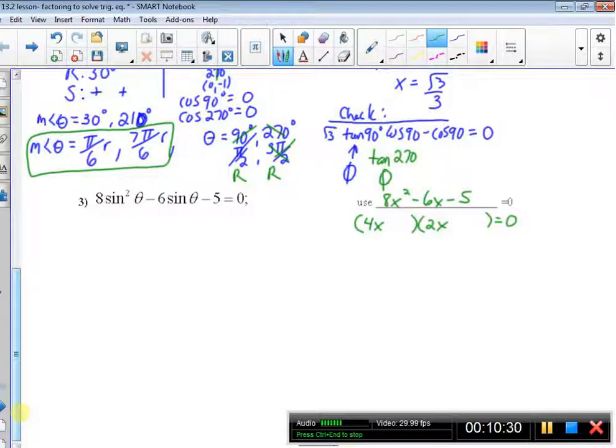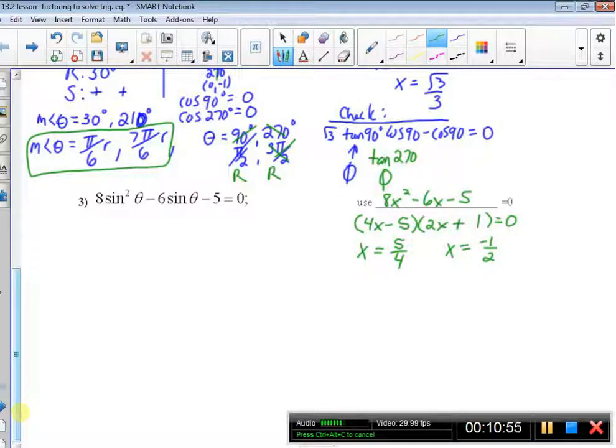So I'm going to try the 5 on the inside. That gives me 10 with the 2. And then if I put a 1 on the outside, that gives me 4. 10 and 4 do equal 6. I need it to be negative 6, so I want it to be negative 10, positive 4. So those are my factors. And then if I solve those, I get x equals 5/4 and x equals negative 1/2.